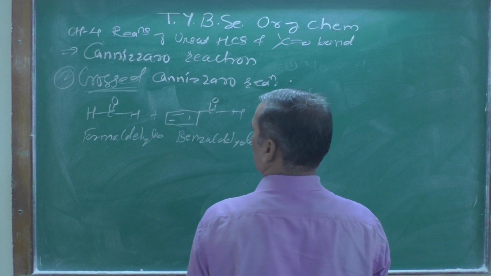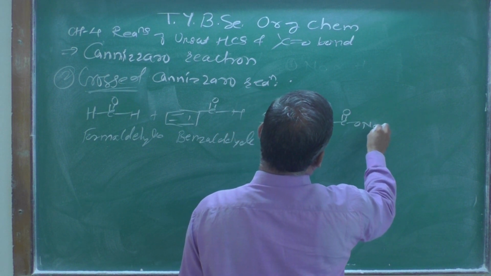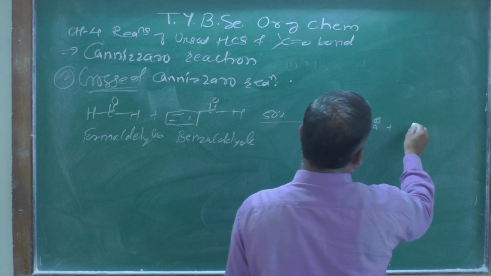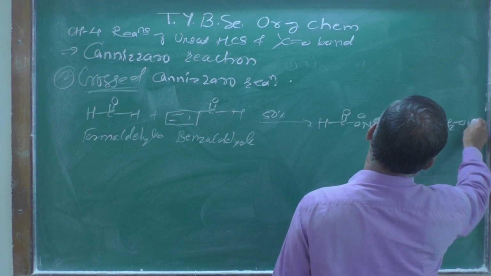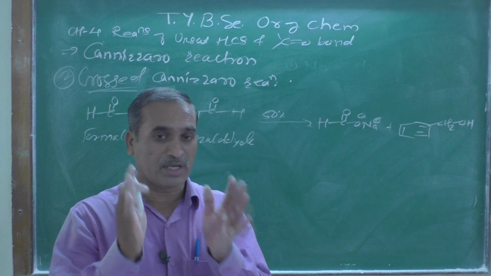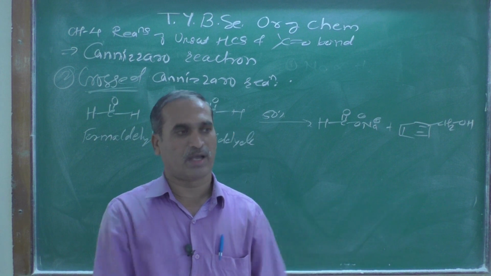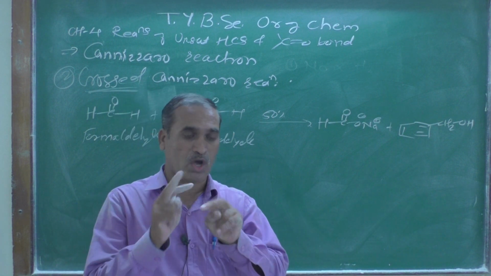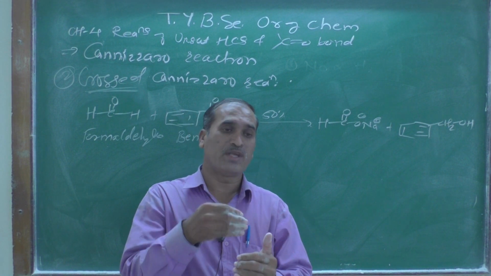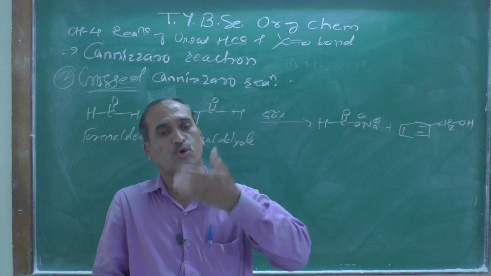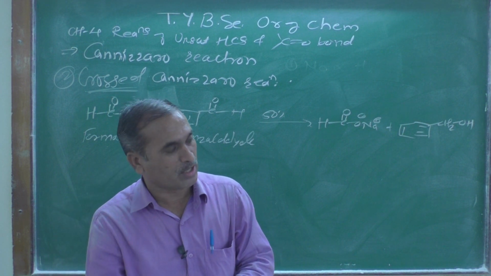And what product are you going to get? Here you are going to get C double bond O, Na plus minus, and another one is benzyl alcohol, CH2OH. Remember this type of product. And remember, as I already told you, when there are crossed Cannizzaro's reactions there is a competition as to which molecule should go to the oxidized form and which molecule should go to the reduced form.